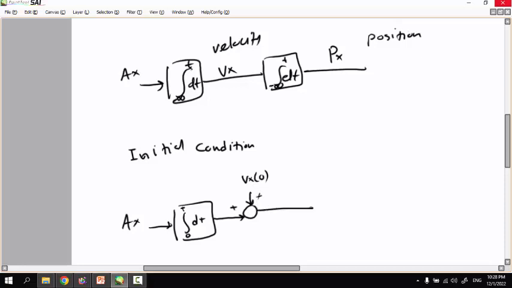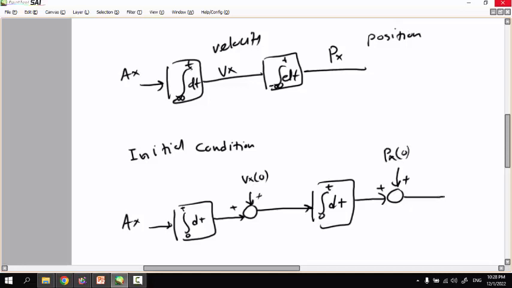Then we make another integration with respect to time, from 0 to some time t, and add px at time 0, and now we get px. This is px and this is vx, so this is how it changes when we implement the initial conditions.